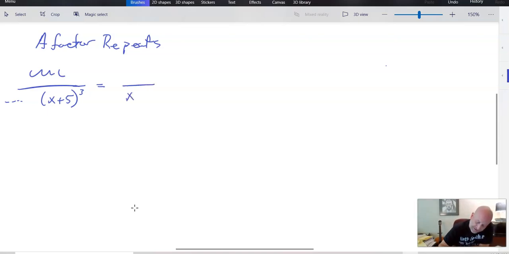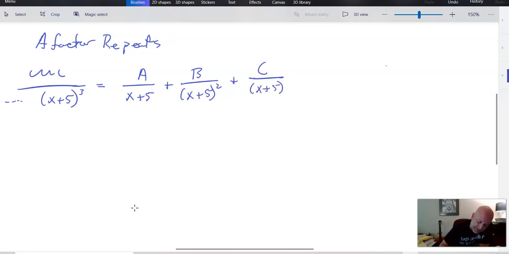You write just that factor by itself, right? And that would be under A. And then for the next variable, it's the factor squared. And then for the next one, it would be that factor cubed. So you take every power of that factor up to the power that's actually in the problem.